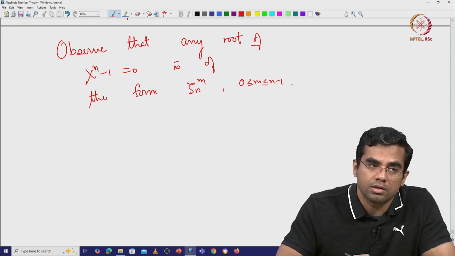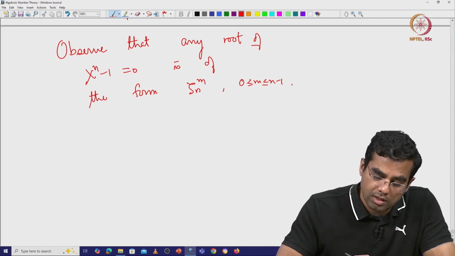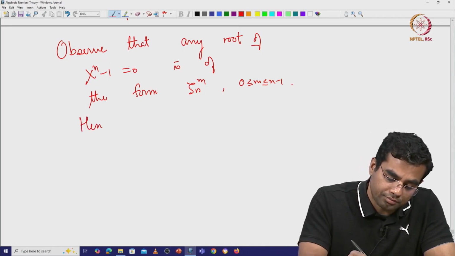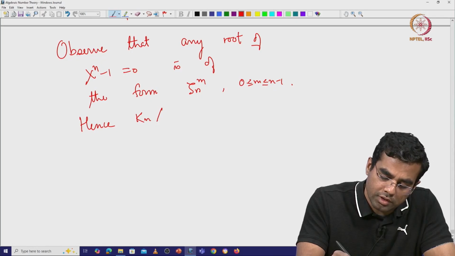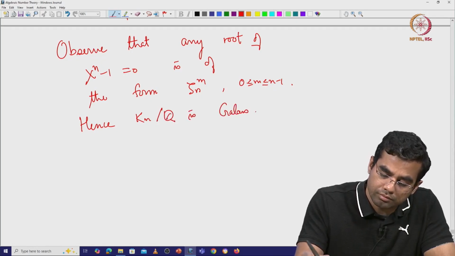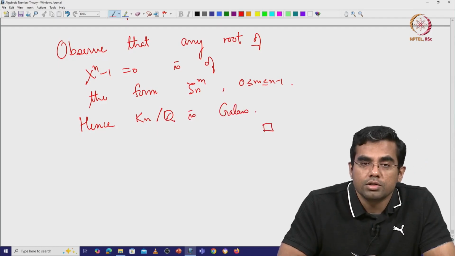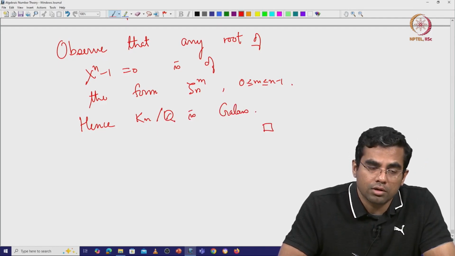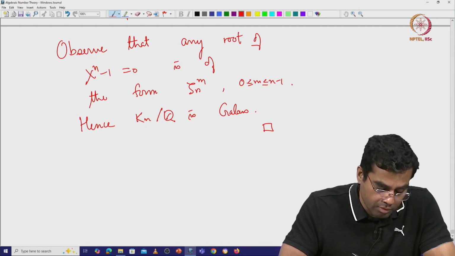So, there are n distinct roots like this, and hence K n over Q is Galois. We would like to understand what the Galois group is.